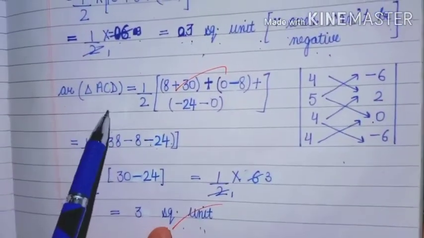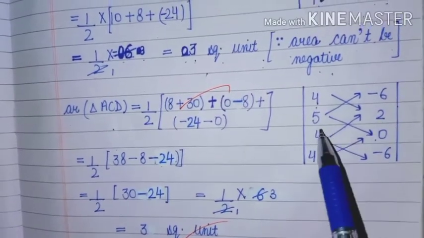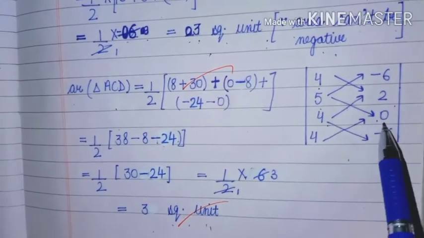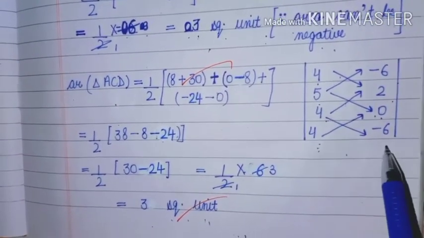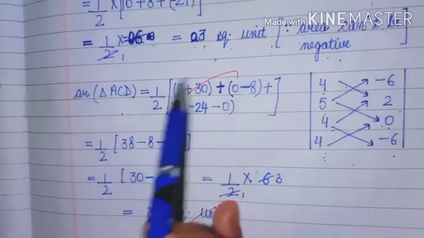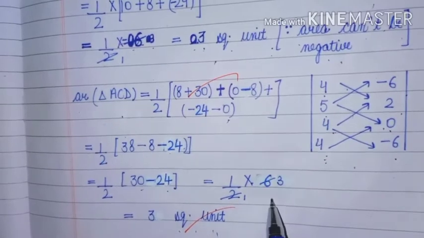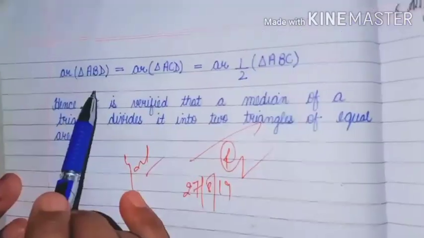Now the area of triangle ACD: coordinate of A is 4, -6, coordinate of C is 5, 2, coordinate of D again is 4, 0, and again we repeat the coordinate of A. Now you will solve the question and you will get 30 minus 26, it is 6. After solving you will get 3 square unit.